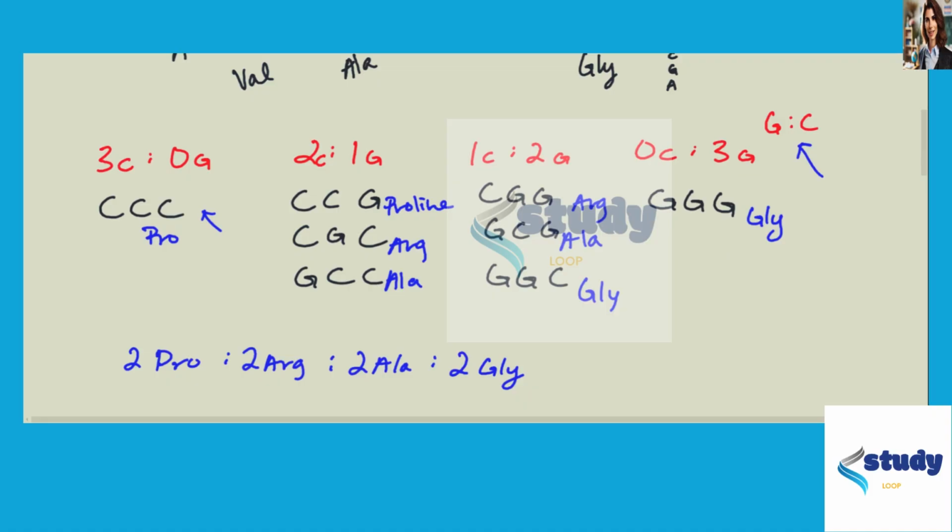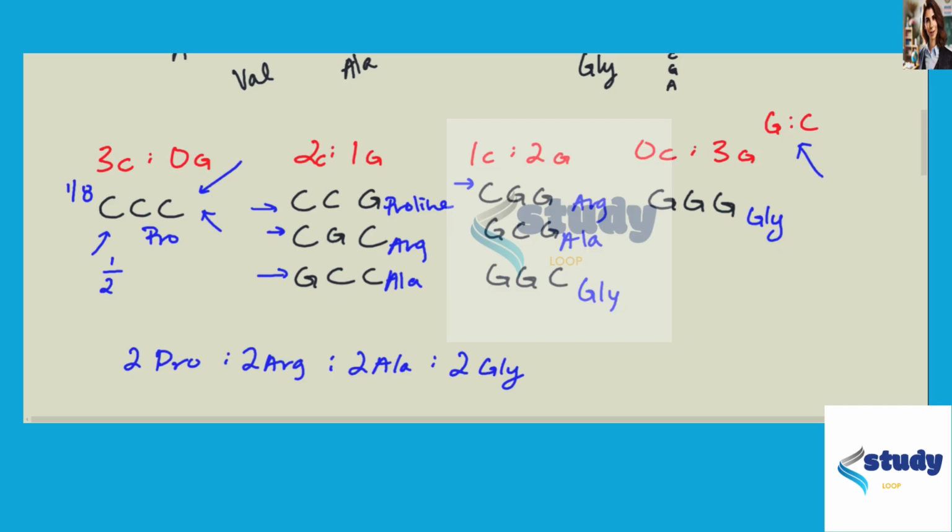Of course, the percent chance of getting each of these is going to be equal because the chance of getting either G or C in each of these positions is 1 out of 2. So no matter what happens, you have a 1 out of 8 chance of getting any of these nucleotide or codon sequences.